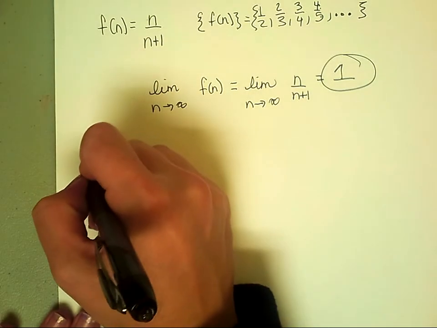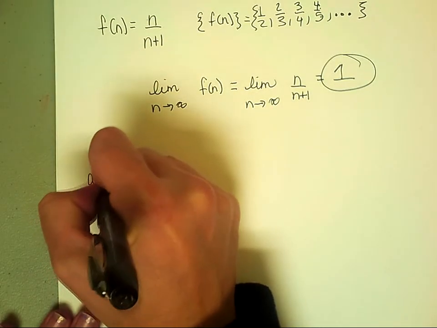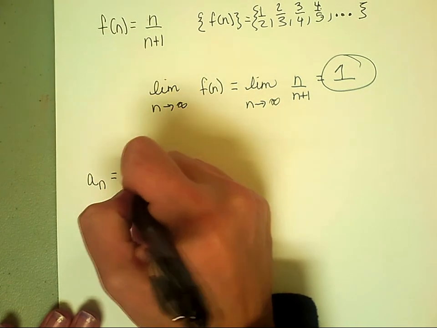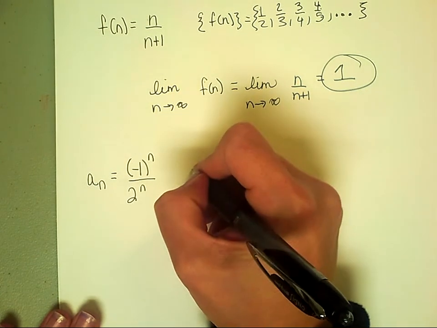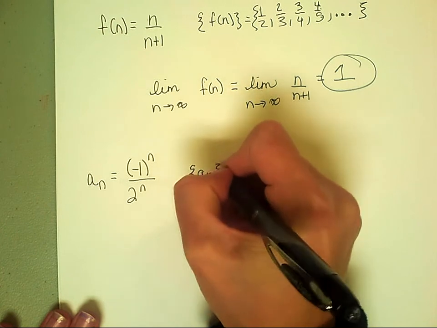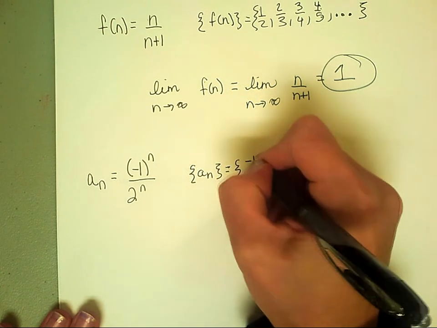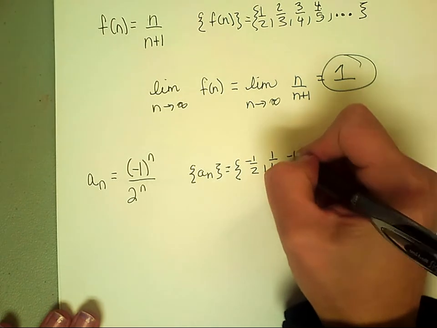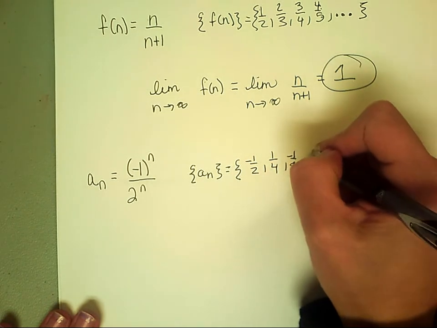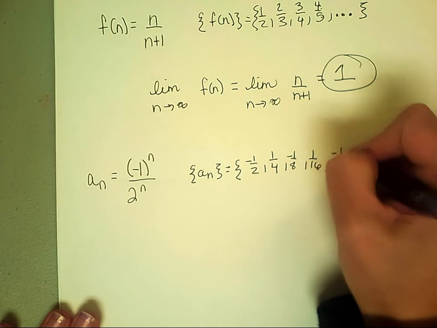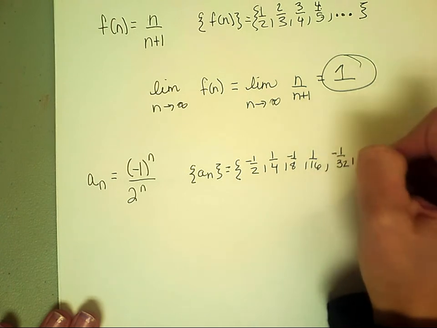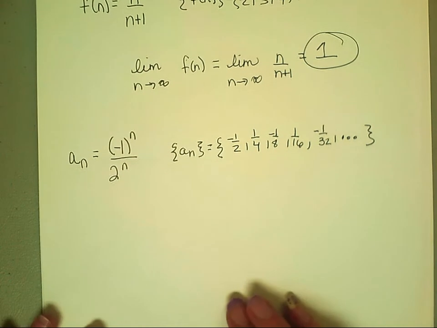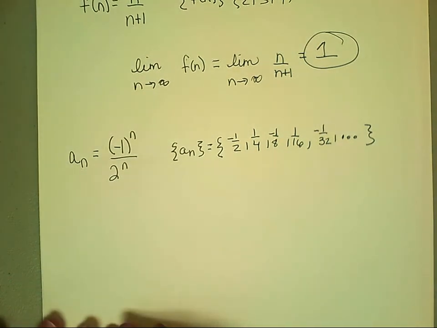So then let's look at this sequence. A sub n, this alternating one, negative 1 to the n over 2 to the n, which we said, when we generated this, was equal to negative 1/2, positive 1/4, negative 1/8, positive 1/16, negative 1/32. Okay, let's see if there is some type of limiting behavior.